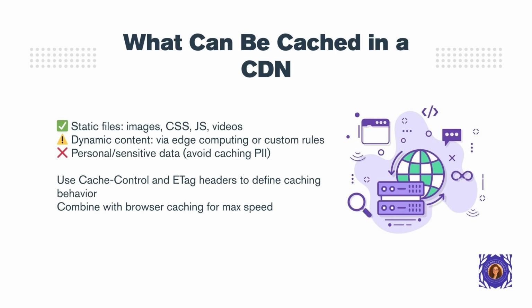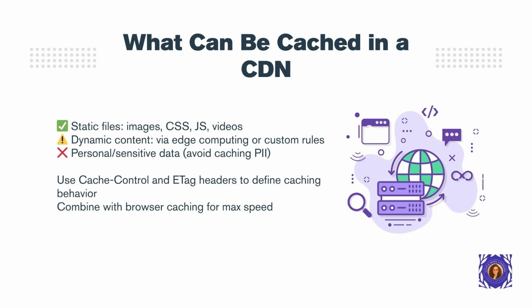Static files. This is the bread and butter of CDN caching. Images, CSS style sheets, JavaScript files, font files, and pre-recorded videos are ideal candidates. They rarely change and are frequently accessed by many users. Dynamic content.